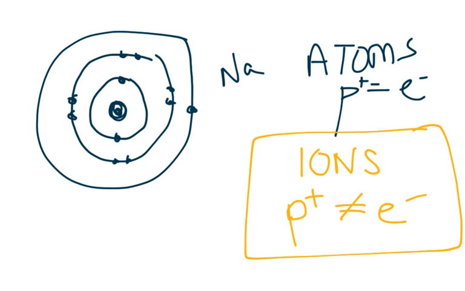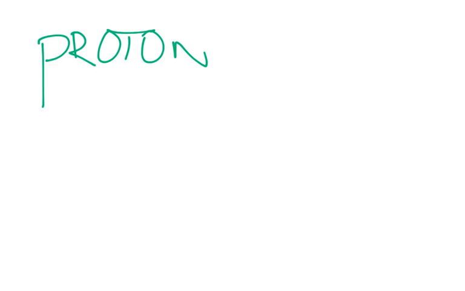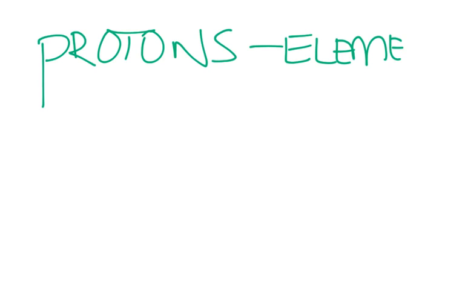Now, when we're going to be looking at ions, you have to remember protons and electrons are different. But you cannot change the number of protons because protons are what identifies an element. So the only thing we change are our electrons. So, quick summary before we get into the meat of today. Protons are what distinguishes elements from one another.